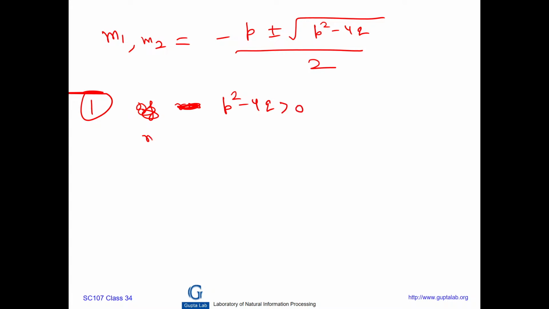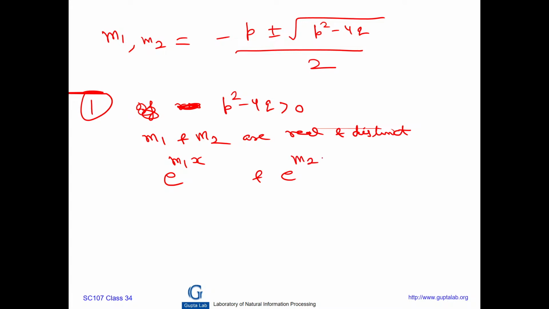In that case, the roots m1 and m2 are real and distinct, okay, so one solution will be e raised to power m1x and the other will be e raised to power m2x. We were looking for one solution, and here we got two, which is good. But is there any relationship between these two?